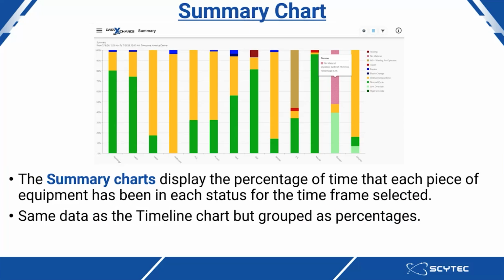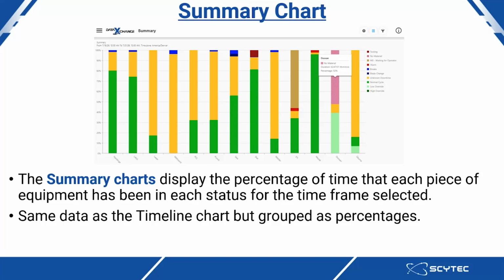The summary chart displays the percentage of time that each piece of equipment has been in each status for the time frame selected. Basically what the timeline chart shows you is everything that was presented before with the equipment status summary, but this is now grouped as percentages.